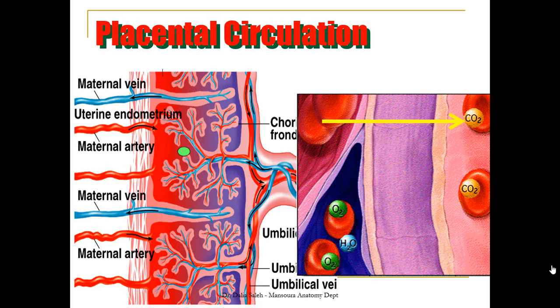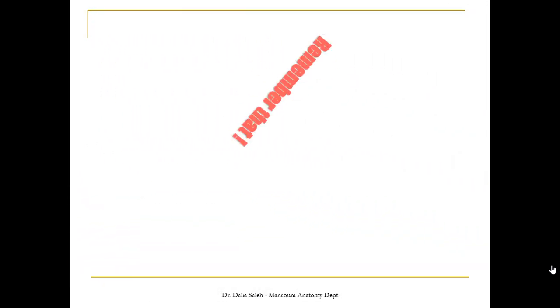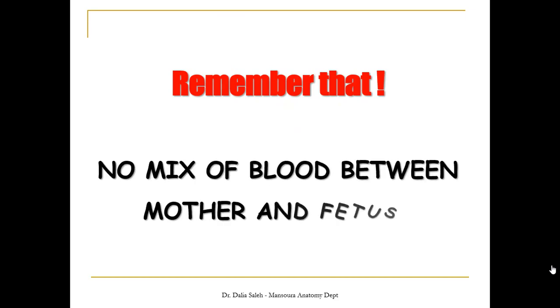The carbon dioxide will move back from the fetus to the mother. The less oxygenated blood will be picked up by the maternal veins back to the maternal circulation. Remember that there is no mix of blood between the mother and the fetus.